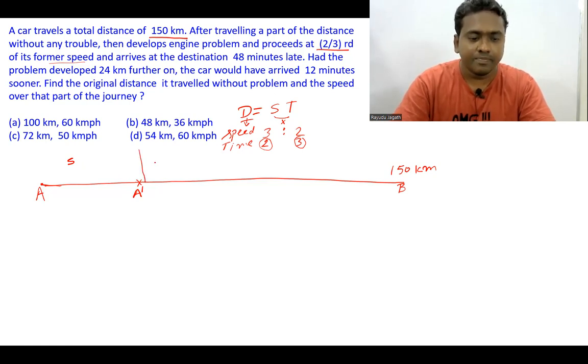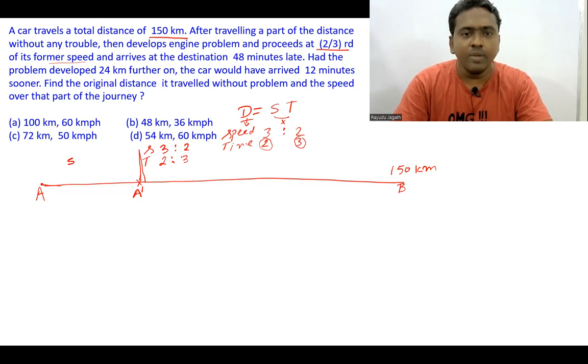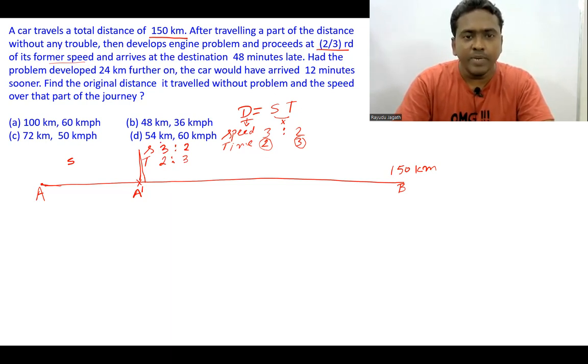So here at A dash a fault occurs. Speed ratio will be 3:2, so time ratio will be 2:3. If it is moving with scheduled speed of 3 parts, it will reach the destination B in 2 parts time.